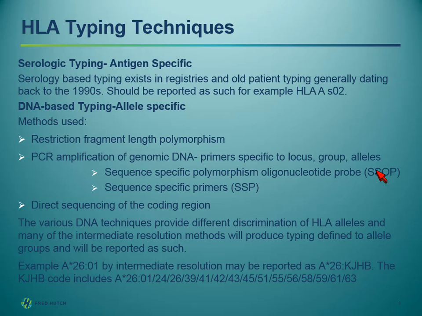But keep in mind, you're going to see the alphabet soup now, because these primer groups give us the common, like an A2601, but then all this other stuff may show up if you sequence that locus.